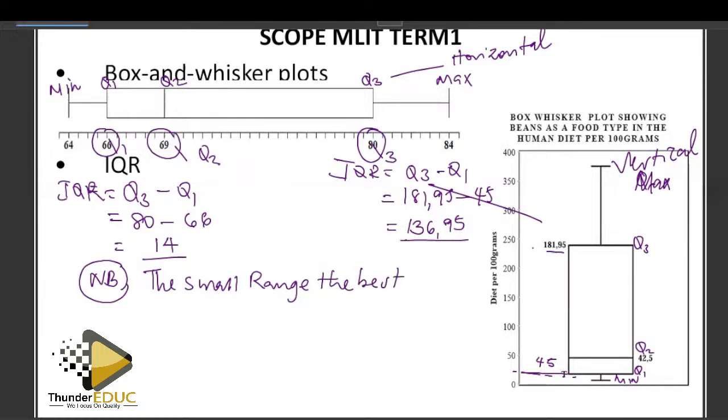And the wider the range, or the bigger the range, the worse the results become. So if you're comparing two or more, and you compare their interquartile ranges or range, if it becomes smaller, that would be the best group that performed. And if it's too big, that means it's the worst.